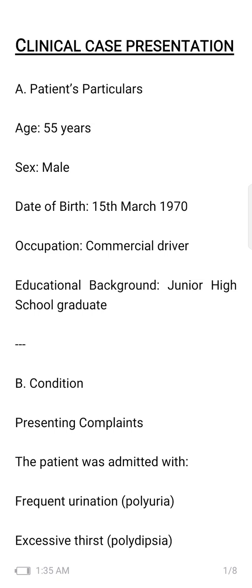And the last thing that we considered was what will you do differently if you meet such a case again? So for this case presentation, these were the parameters we followed in writing it.